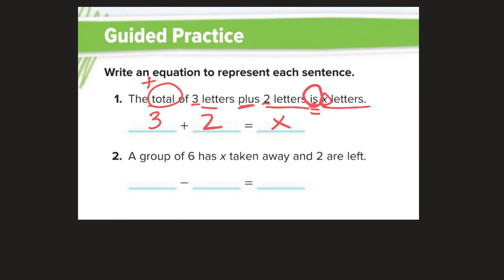Done. A group of 6 has X taken away. Okay, there's our keyword, not group of. Taken away is what our keywords are. And 2 are left. Okay. So a group of 6 has some taken away and 2 are left. There we go.